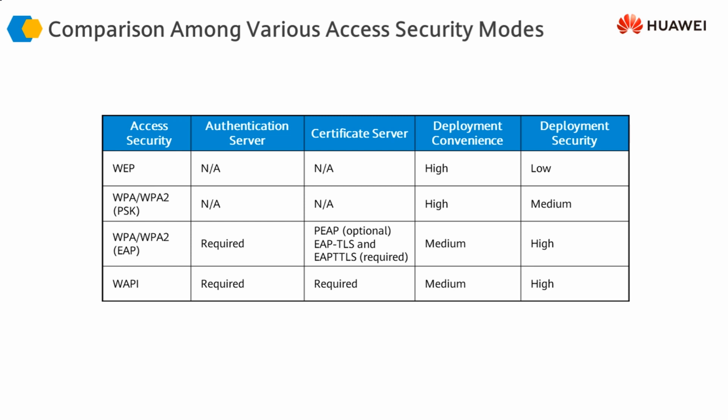Similarly, you could also use WPA in smaller environments because it is simpler and the deployment convenience is high, and you could use WPA2 here because its deployment convenience is medium. So these are the two that you would be using, either WPA or WPA2 with PSK, pre-shared keys, or WPA or WPA2 with EAP, that is dynamic key exchange. There's no pre-shared key and you are exchanging the key dynamically. So these are the two options which we would practically be using.